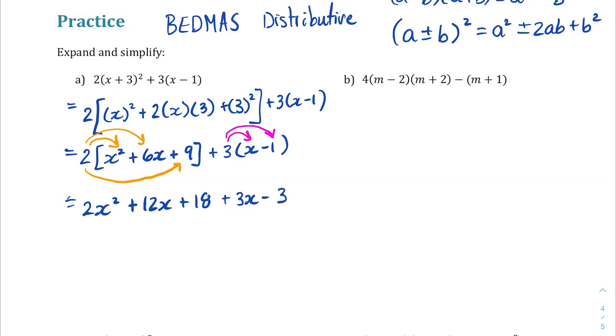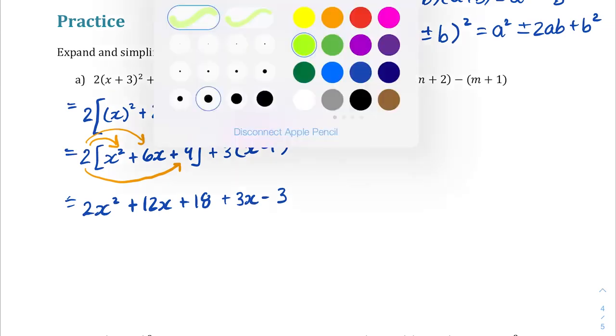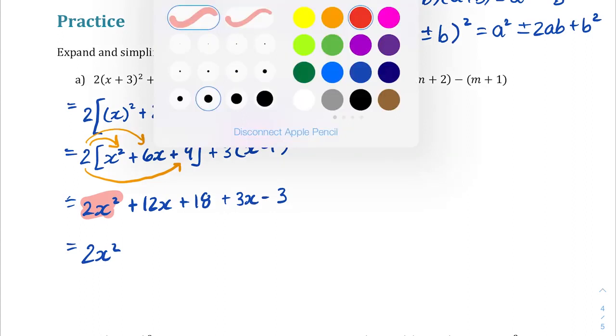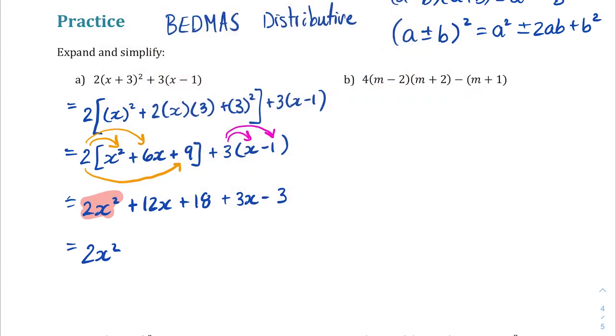Okay, so again, now when we want to simplify it, you always start with the highest power that you have. So the highest power, in this case, is x squared. But that is the only term that has the x squared, so we're just going to rewrite it. Then we want to look at terms with the second highest power, which would be x. So we want to collect 12x with 3x.